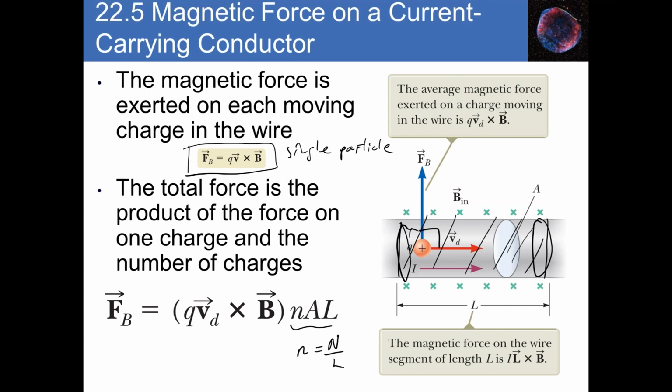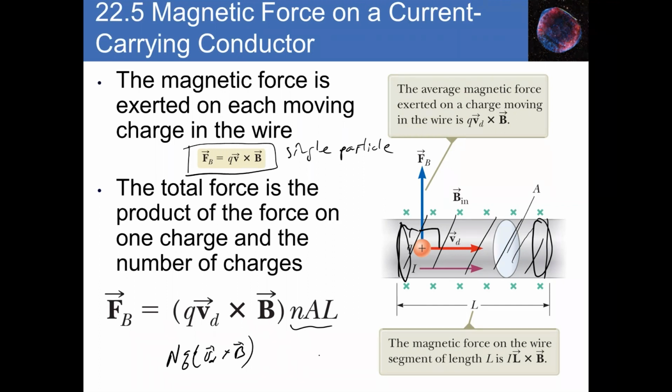where you have, sorry guys. Well, so let's say this is qv cross B for the single particle, and then n, the number of particles in that volume.